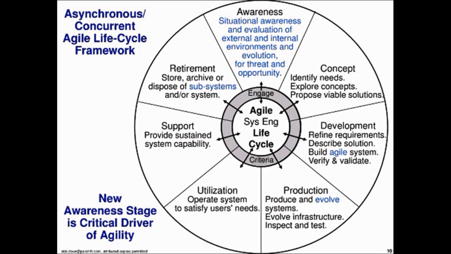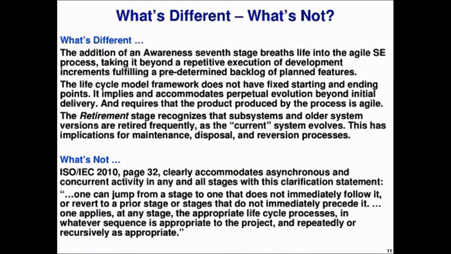And I'll expand on this a little bit on the next slide. What's different and what's not about this concurrent, circular-looking life cycle framework? Well, what's different is, as I said, we added a stage that we're calling awareness. The 7th stage breathes life into the Agile system engineering process.